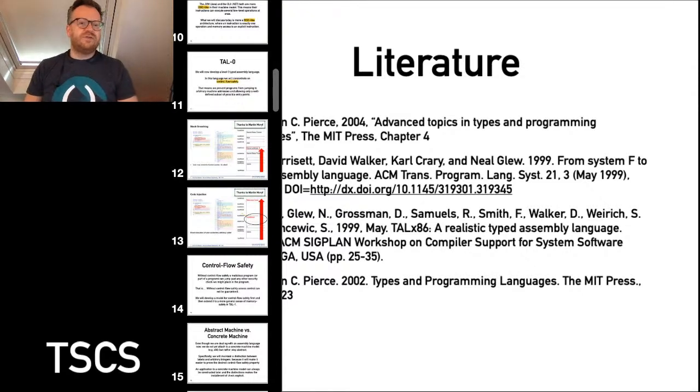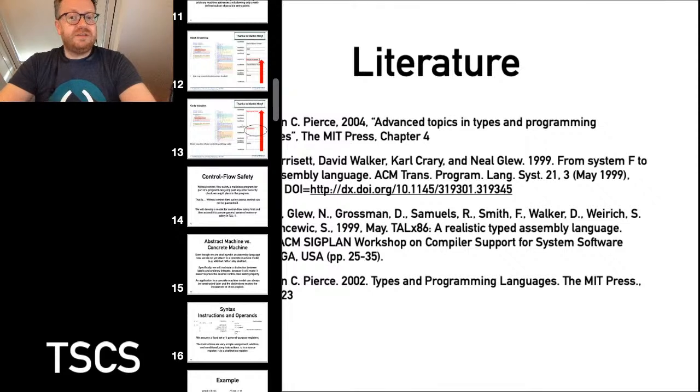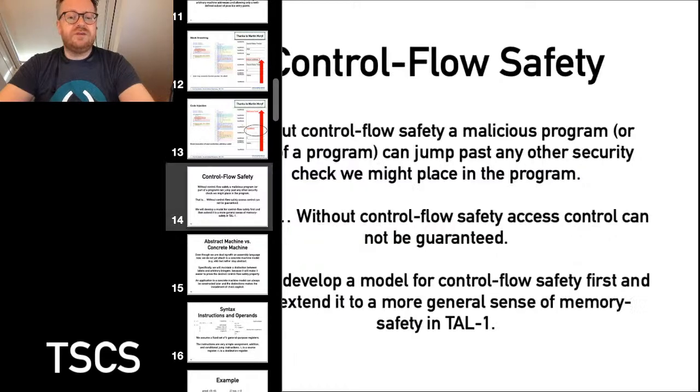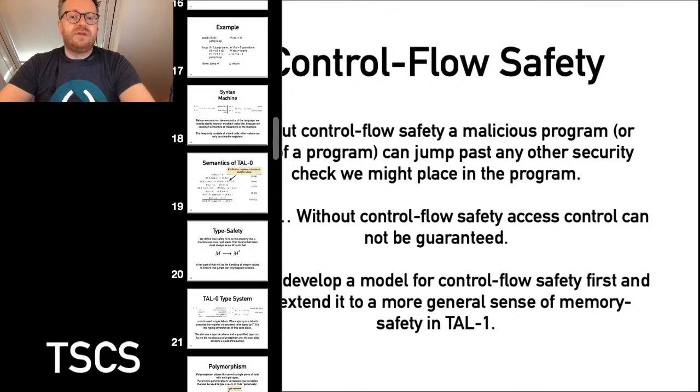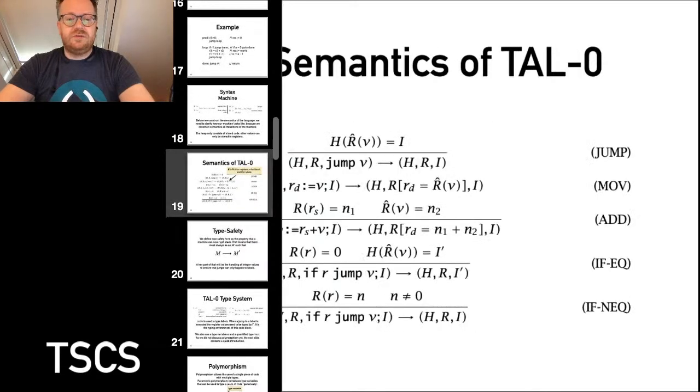And you also have control flow safety. You cannot jump to any arbitrary code point. You need to have a function call for that. And the reason for this is basically that the Java bytecode has the same properties as TAL 0 and TAL 1, namely control flow safety, what we learned today with this type system.